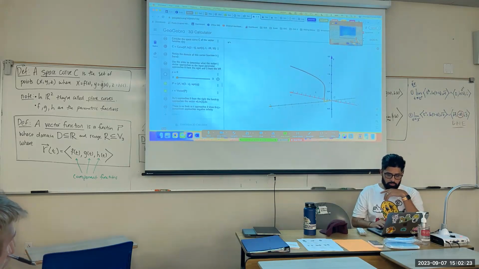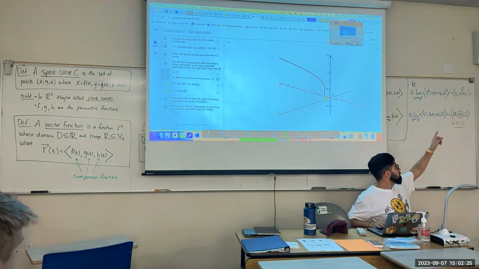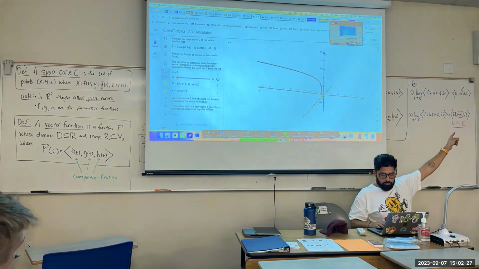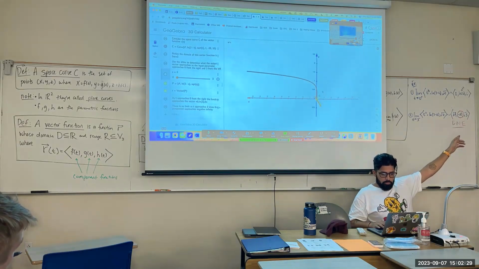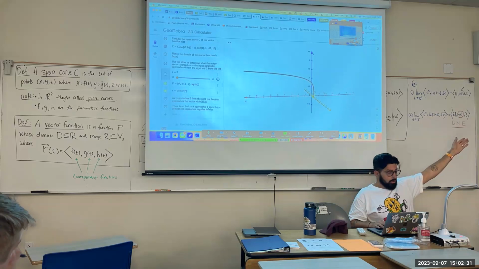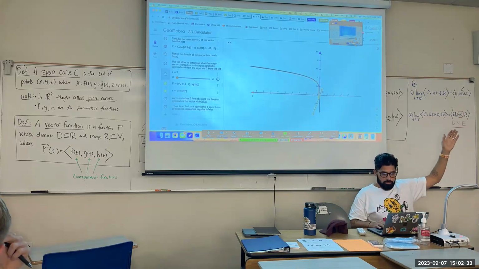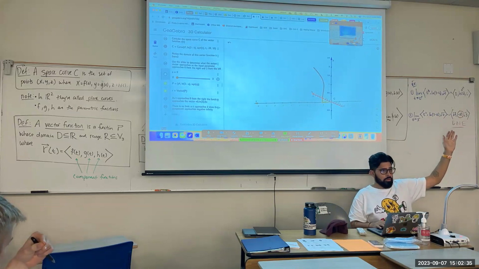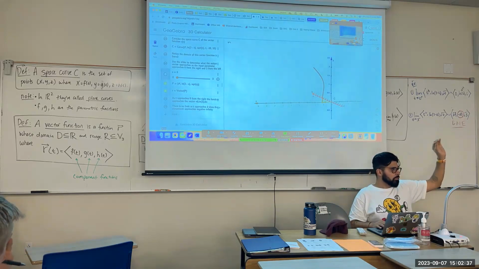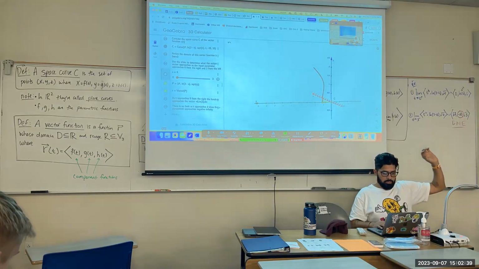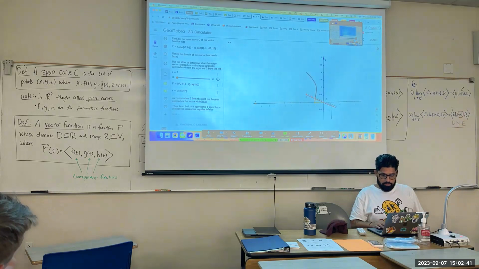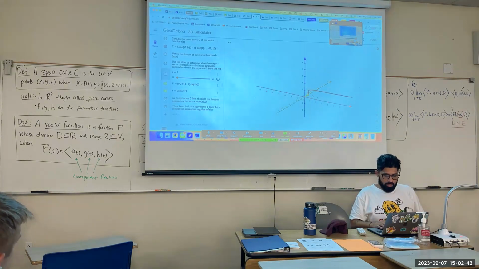What are the components of that vector? x is 0, z is 0, but what's y? It's about 1.1. There it is, that's the limit vector. But now let's see what's happening as it's approaching 3 here.